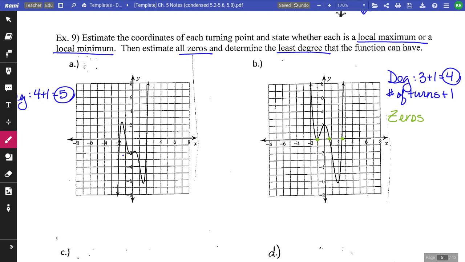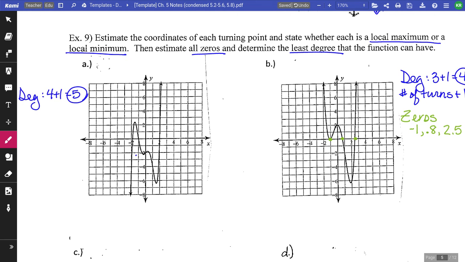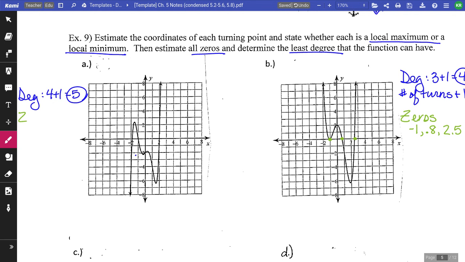You're just going to estimate. So I'm going to say that first 0 is at about -1. Then the second 0, maybe that's about a 0.8. And this third one, I'm going to call it a 2.5. Okay, if we look at A over here on the left, we have 0 here and here, and another one here.